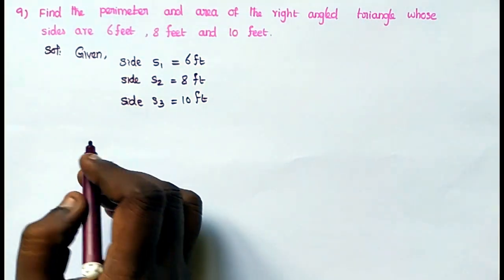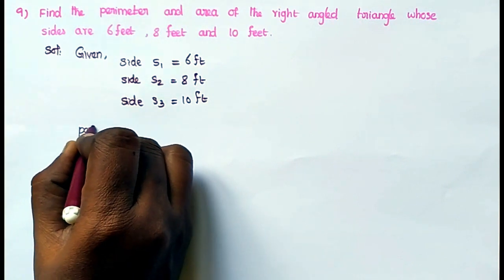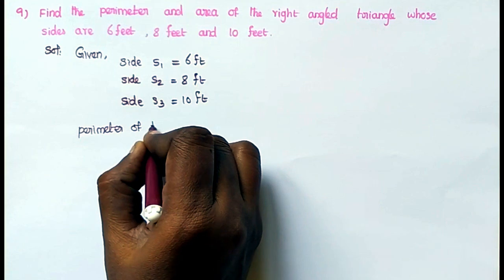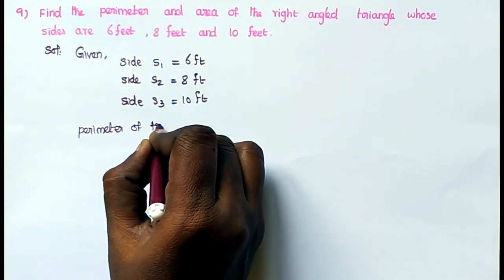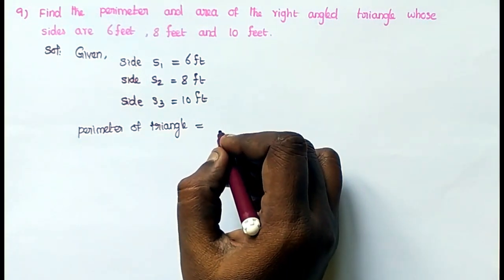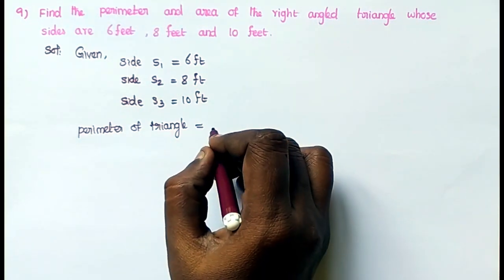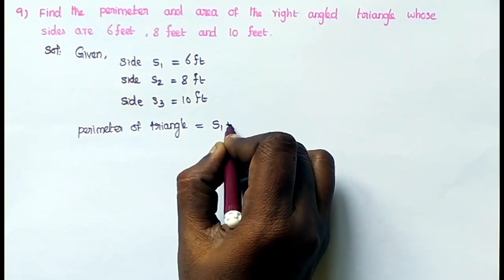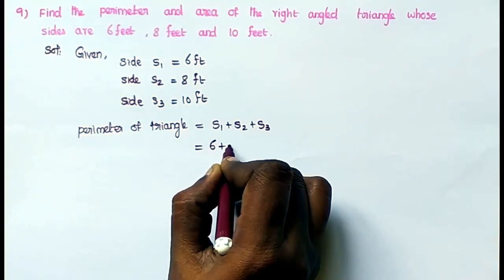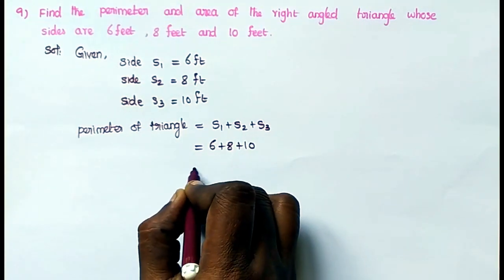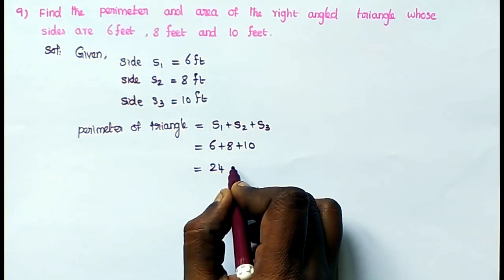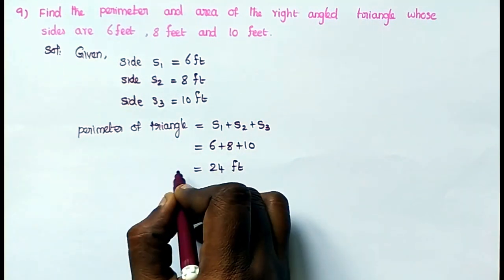Now find out the perimeter and area. So perimeter of triangle is equal to S1 plus S2 plus S3, that is 6 plus 8 plus 10, 14 plus 10, 24. 24 feet, that is the perimeter.